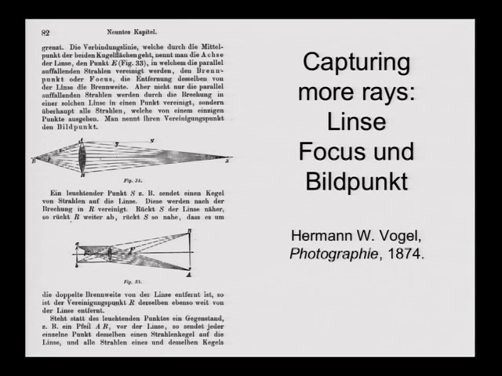So the upper image here shows a light coming in, a top ray coming in parallel to the optical axis and going to a point that defines the focal length, and then another bundle of rays from an object point propagating to the left to make an image point. So it's very simple. All you have to do is make lenses that converge all the rays from a point in the object to a point in the image plane.